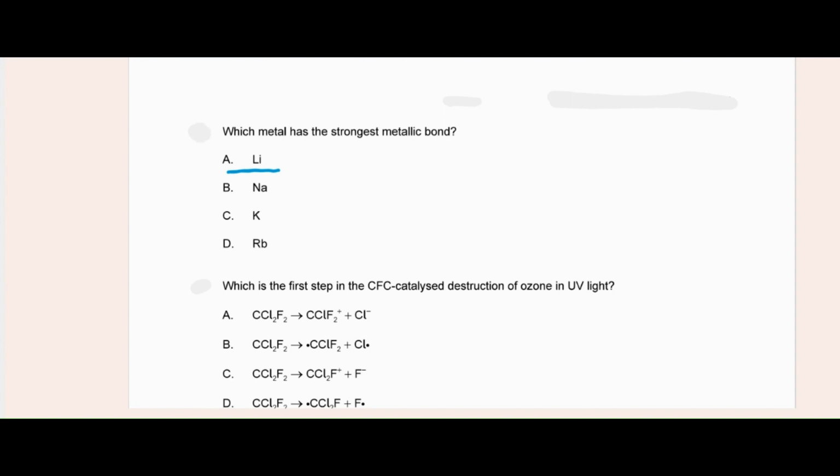If you also think about the melting point, going down group 1, it decreases. So there's less energy required, weaker bonds. Therefore, our answer will be A.